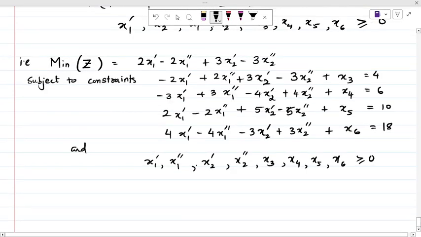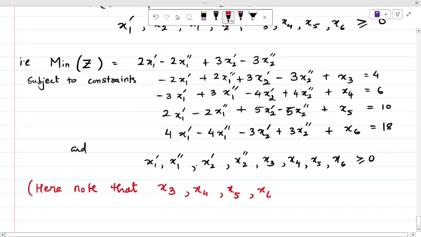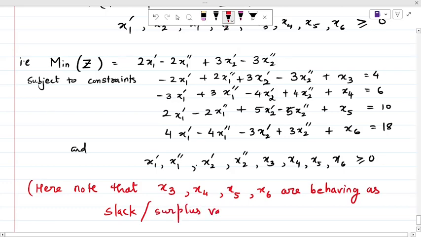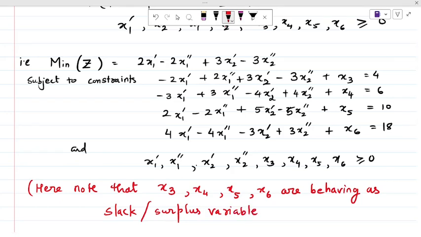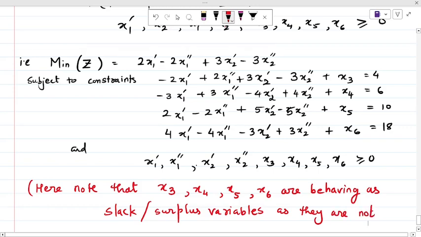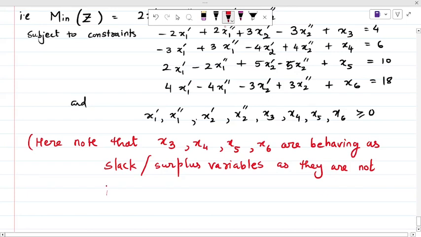So here note down that x3, x4, x5, x6 are behaving as slack or surplus variables as they are not in the objective function.